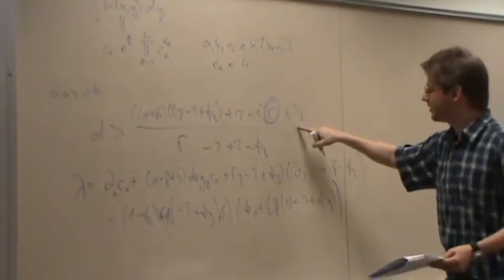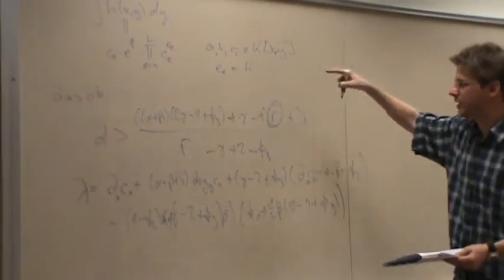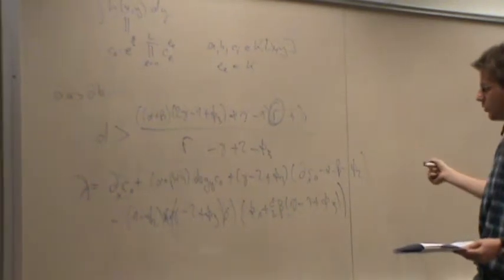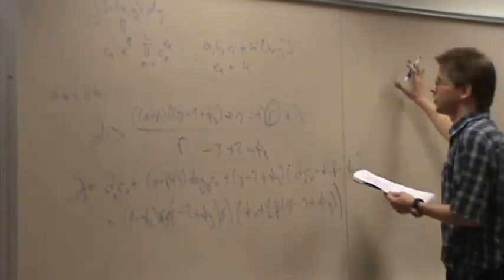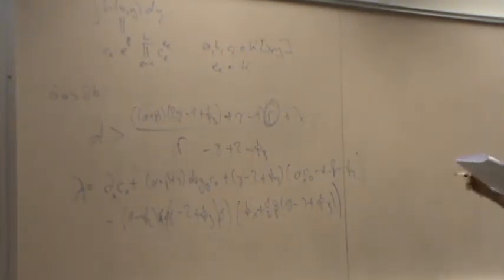I still have to tell you what alpha, beta, gamma, phi 1, phi 2 and phi 3 are. I continue here, if this is visible.